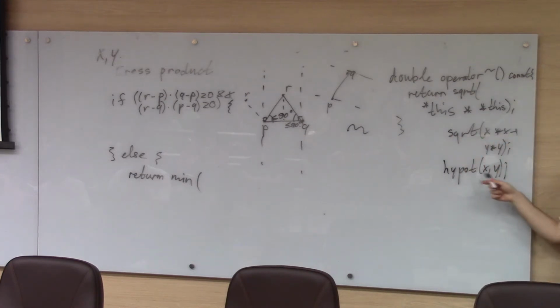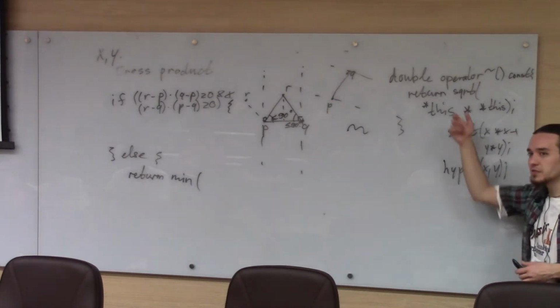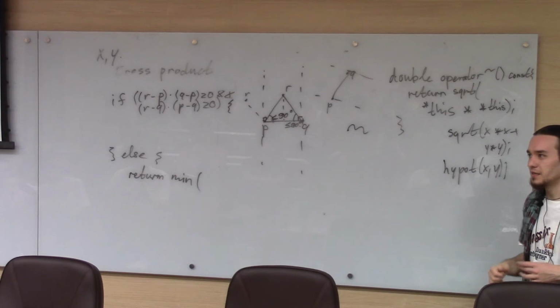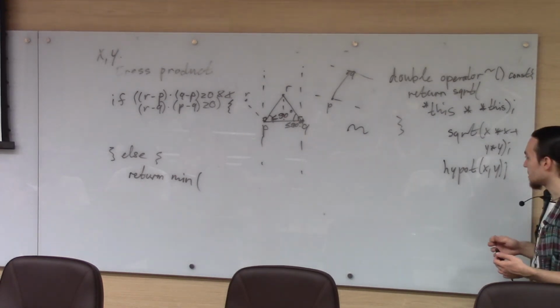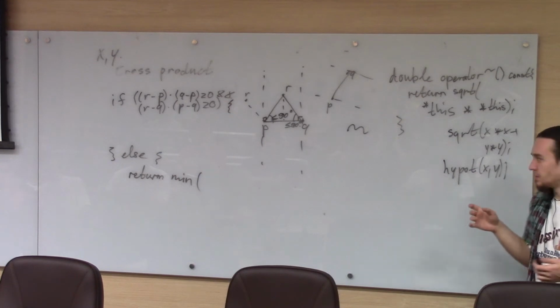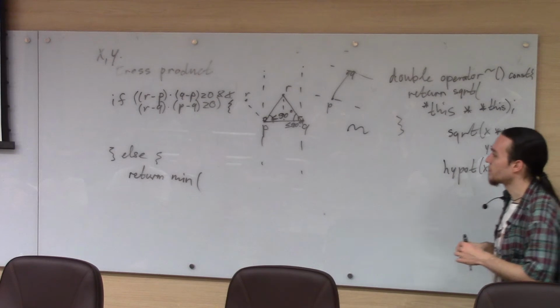So this function returns exactly what we want to compute here, and in some cases it's better to use this because it treats precision errors better. If you're going to use doubles, then you're going to have some small precision errors, so this function handles this a little bit better, and it's also shorter. So, whatever you like.